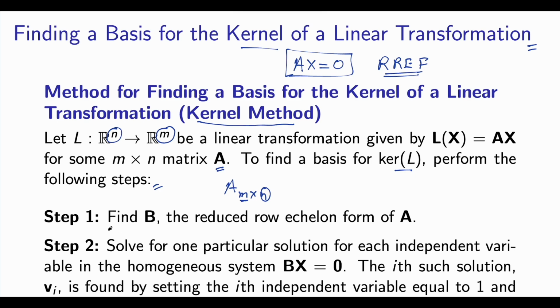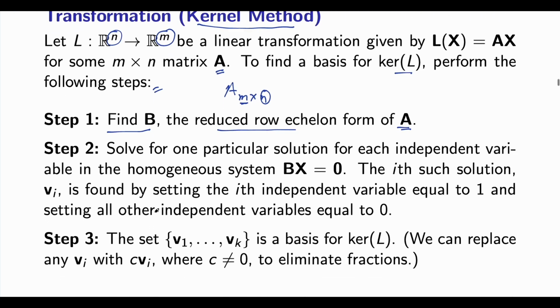Step 1: find matrix B, where B is the reduced row echelon form of A. You know how to apply RREF and get to the B matrix. Then solve for one particular solution for each independent variable in the homogeneous system Bx equal to 0.